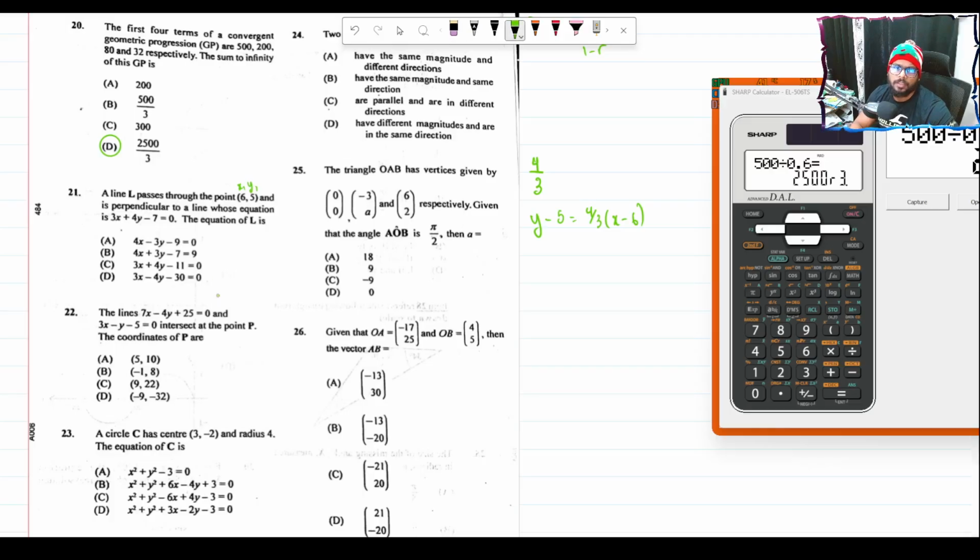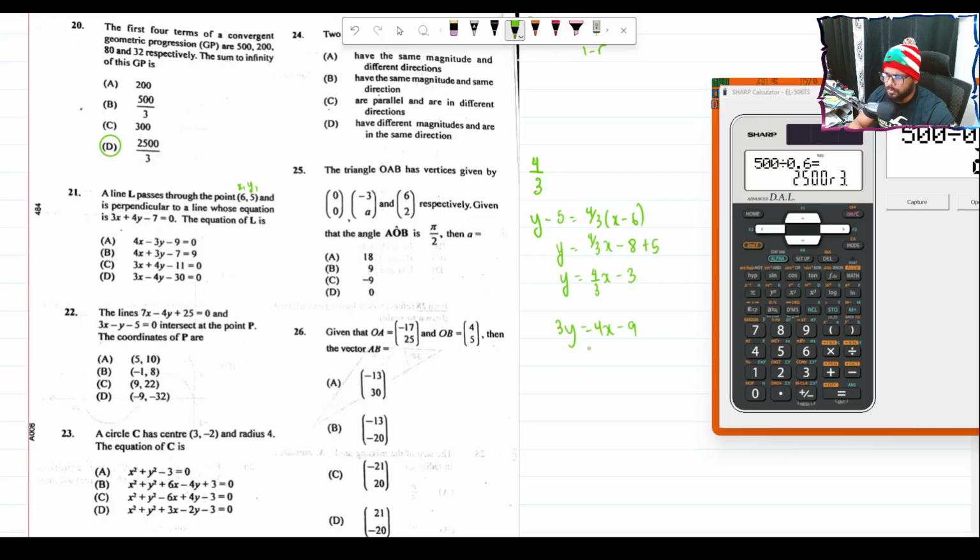I'm just going to calculate the equation. y is equal to 4 over 3 x, take away... 3 could go into 6 2 times, 4 2s are 8, plus 5. y is equal to 4 over 3 x minus 3. Multiply everything by 3: 3y is 4x take away 9.